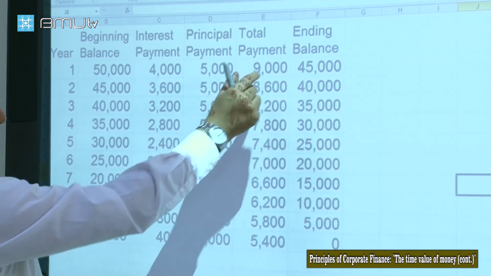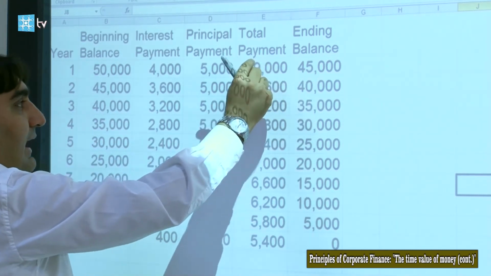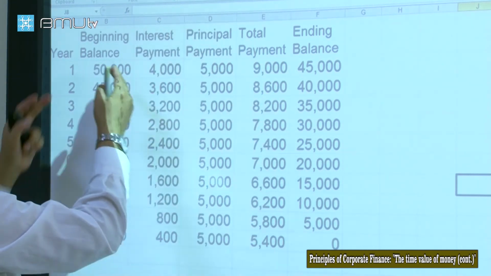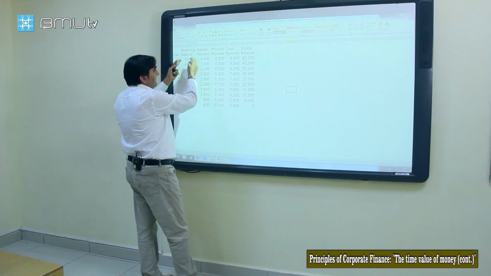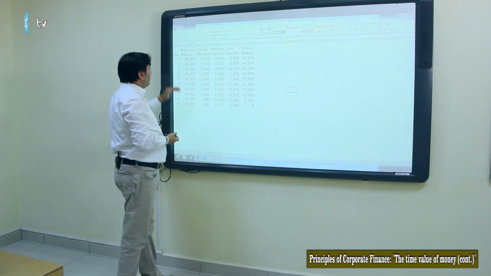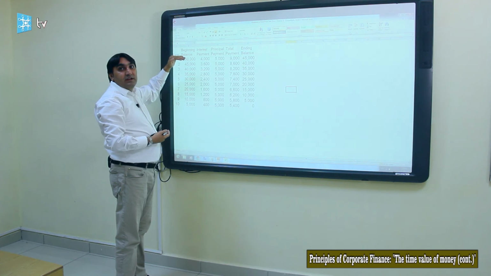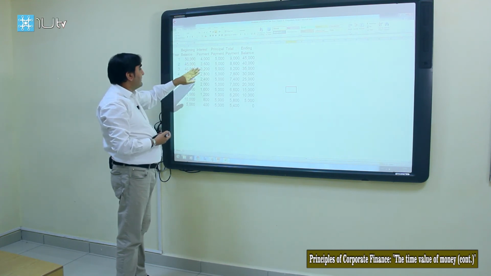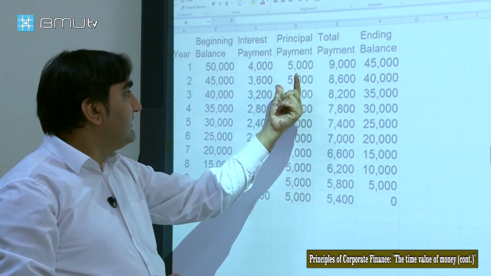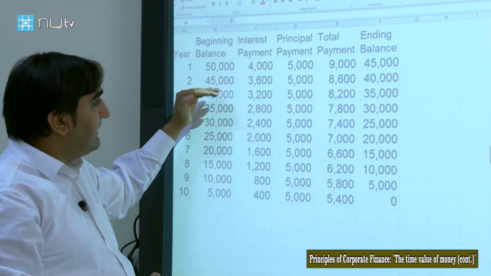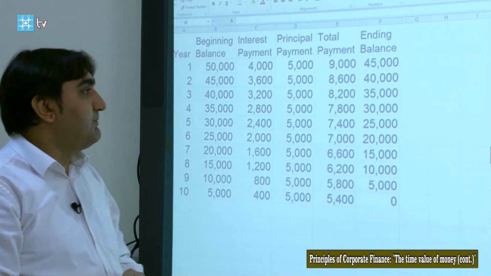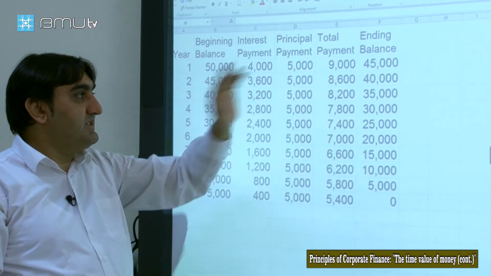We paid 9,000 in total, and 5,000 of this payment is principal payment. We have 50,000 at the beginning. We paid 5,000. The remaining balance is 45,000. And again, interest is 8%. 8% of this amount is 3.6 thousand. And we pay principal 5,000 from 45,000. Ending balance is 40,000 and total payment is 8.6 thousand.